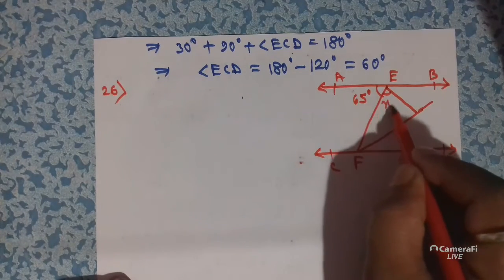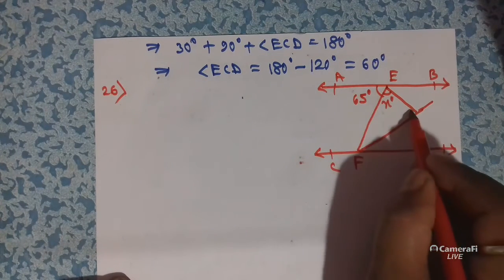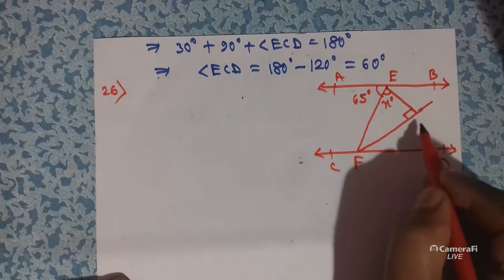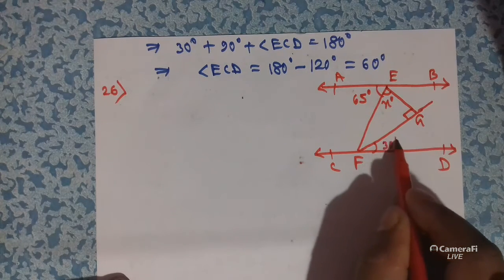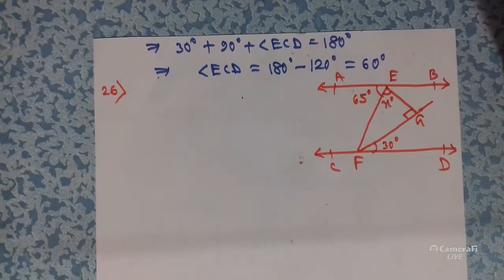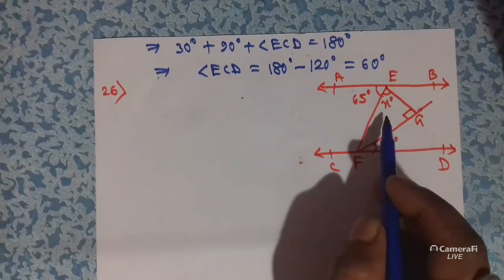This one is X degree, it is 90 degree, and this one is 30 degree. So it is given that AB parallel to CD. Okay, fine. So here we have to find the value of X.